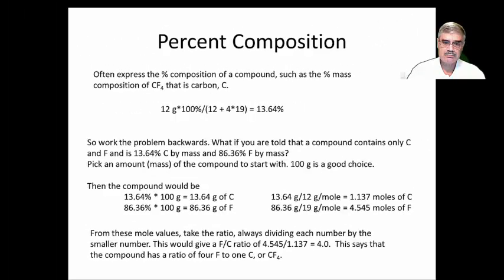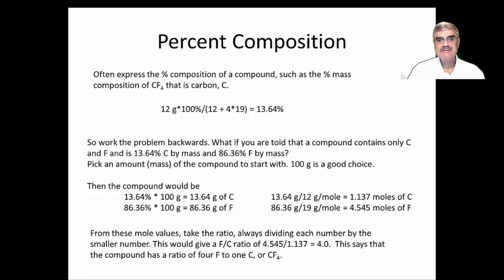So if we were to call up a friend of ours or text a friend of ours and say, I've got this molecule, it's 13.64% carbon and 86.36% fluorine by mass, we could do that. It might be a little confusing to whoever is receiving this message, but we could certainly do that.